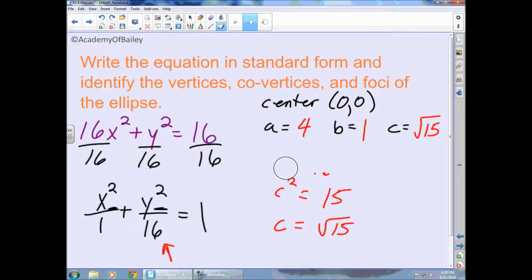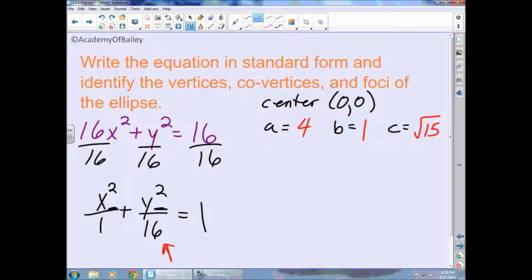Okay, so we identified what C is, but we really haven't identified the actual foci of the point. So if it's a vertical major axis, the center is at 0, 0. The foci is at square root of 15, so that's going to be vertical major axis. So we go up.